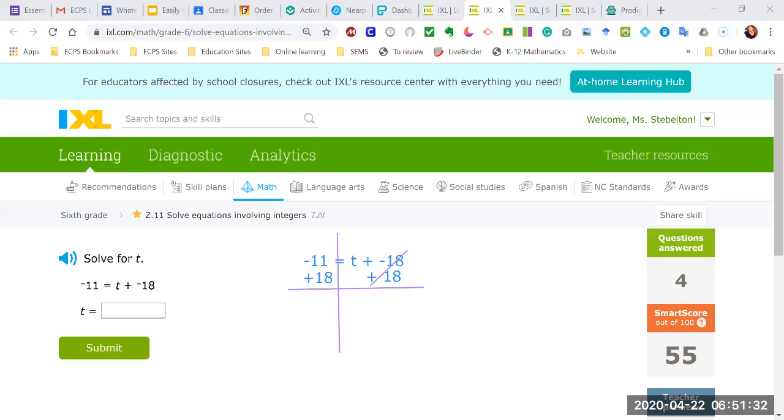They're opposites, so we subtract. 18 minus 11 gives us 7. Because 18 is higher than 11, our answer is positive. So that gives us 7 equals t. When we put that in, we're going to put in a 7. Okay, and this will be the last one I go over for right now.